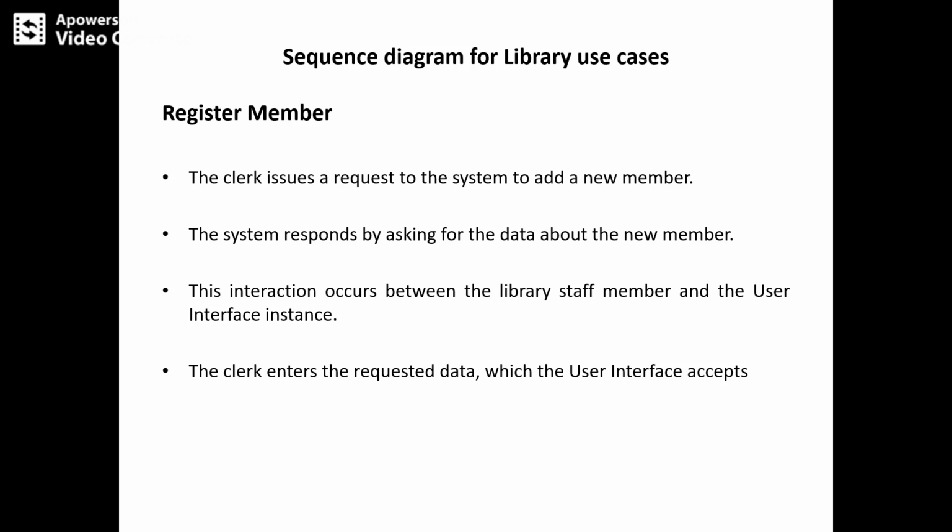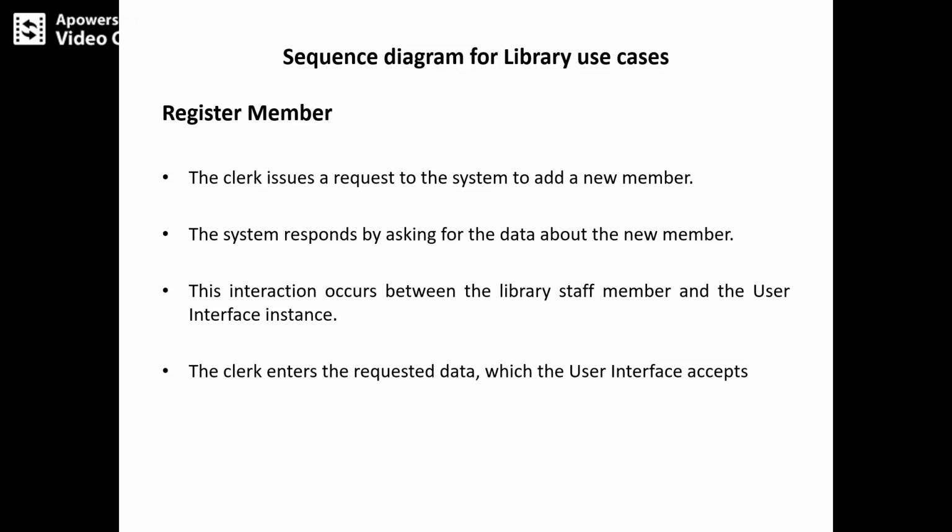So what will the system do? Initially the system will respond immediately, asking for the data about the new member. The system will ask for details. What kind of details? Simple things: a name, and if they are a student, the USN number, or the customer identity, location, address, phone number, and so on.